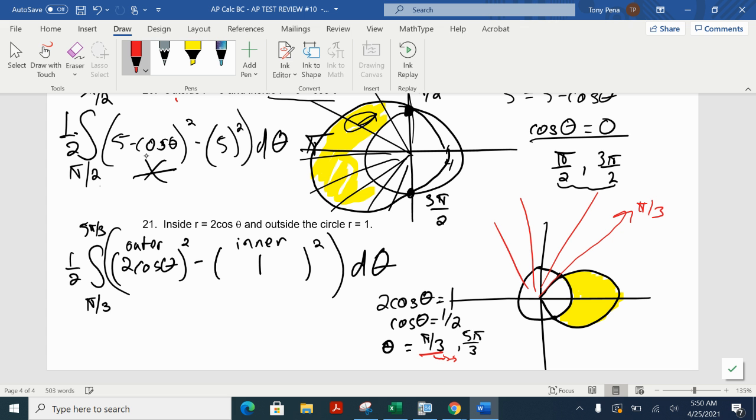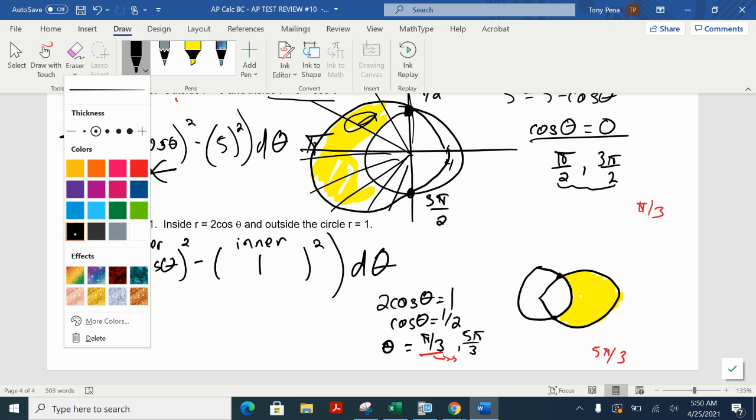That means I'm actually doing all of these angles here. And there's no area shown between pi over 3 and 5 pi over 3. So we have to just understand that sometimes our limits aren't quite what they seem. What we need are all the angles.